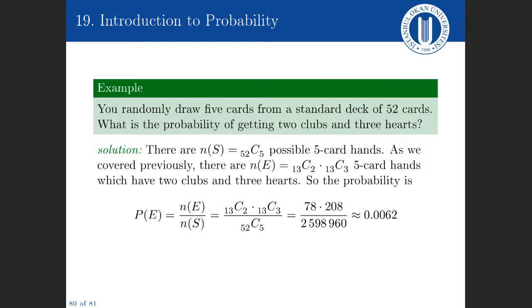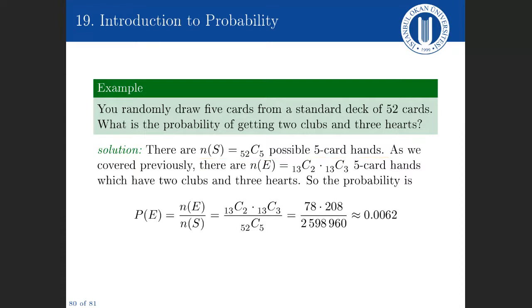The first thing to ask is, how many different 5-card hands are there? How many different ways are there of choosing 5 cards from a total of 52? We're going to use combinations. There's 52 choose 5 different ways to get 5 cards out of 52.